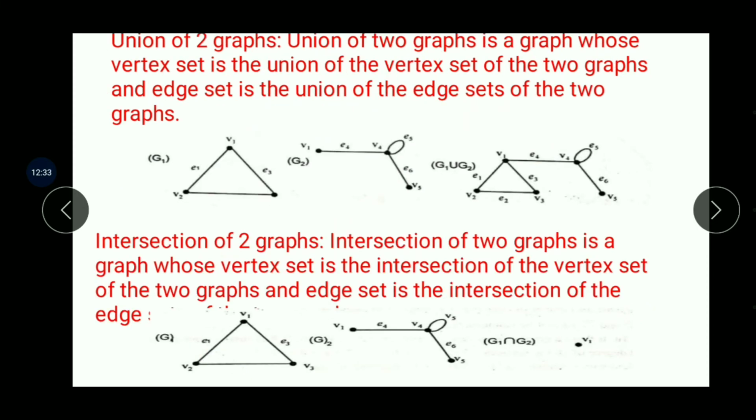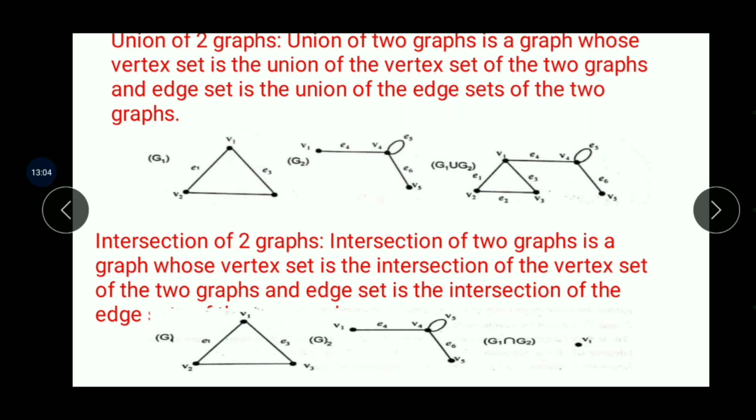Next is union of two graphs. Union of two graphs is nothing but just the union of the vertex set and edge set. So if we combine all the edge sets and all the vertex sets, we get the union of two graphs. Like in sets, we take the union, we combine all the elements of two sets. Similarly is the union of two graphs. And intersection is also just taking the intersection of the vertex sets and the intersection of the edge sets.